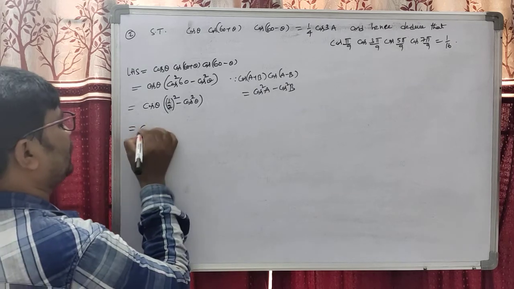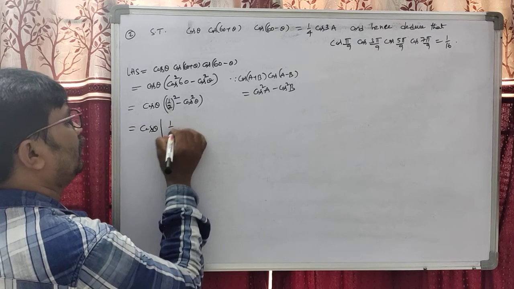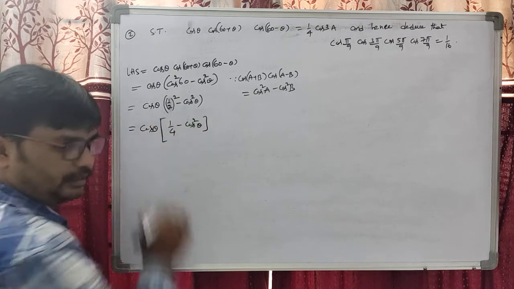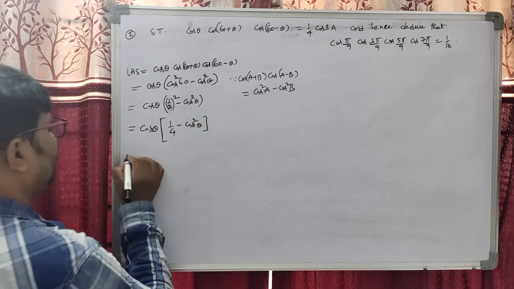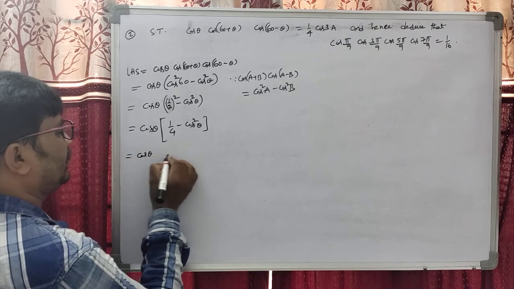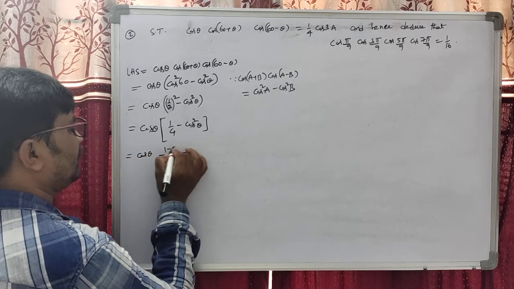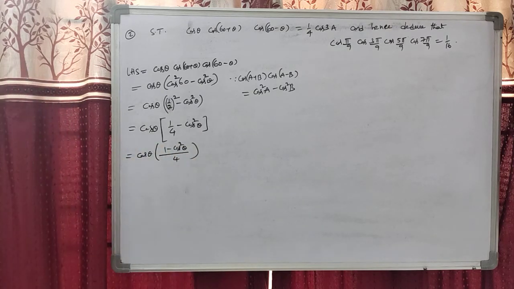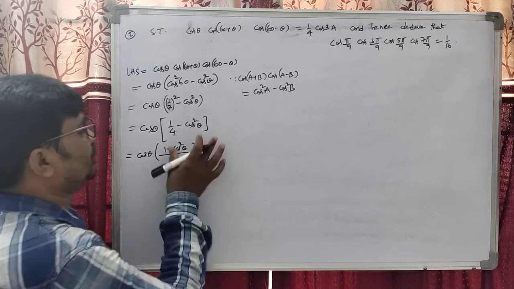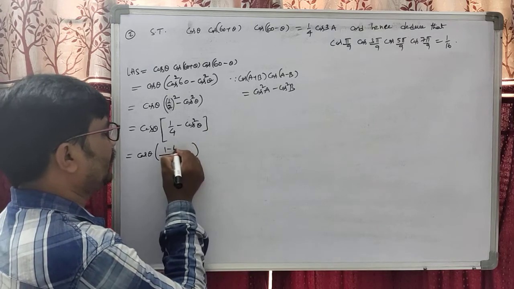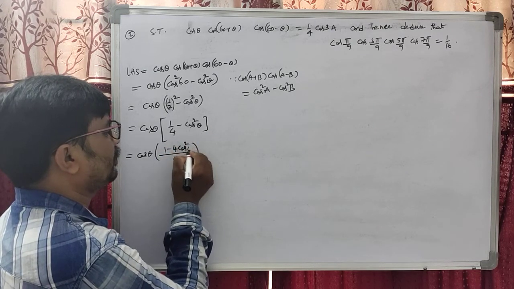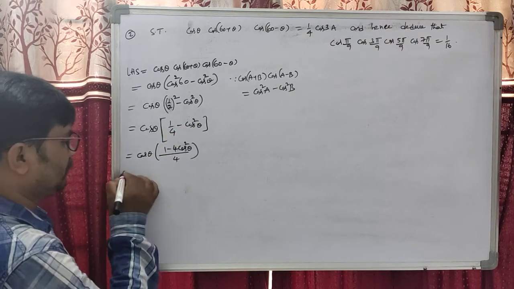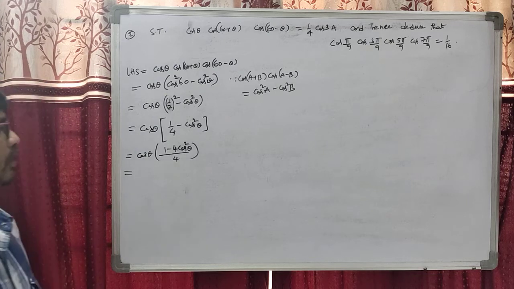This we can write as cos theta, 1 by 4 minus cos square theta. So now, students, taking 4 as the LCM, this is 1 minus 4 cos square theta.